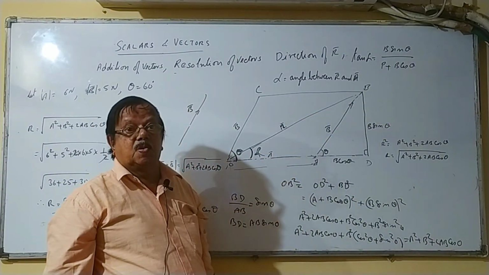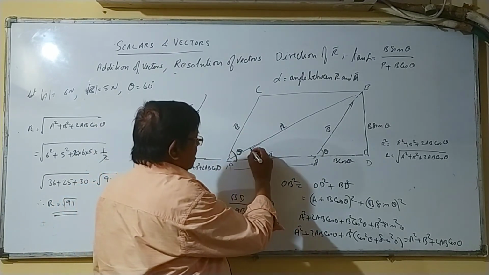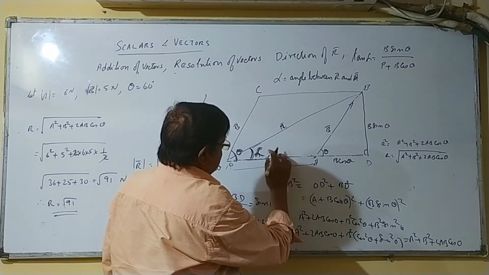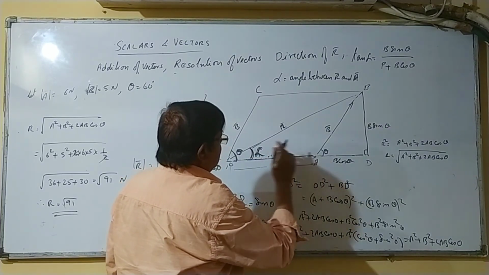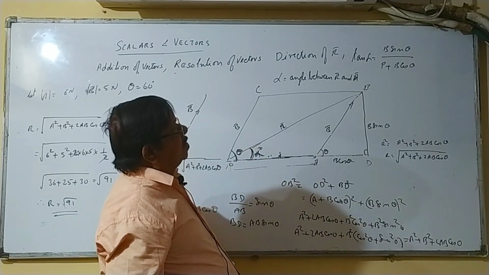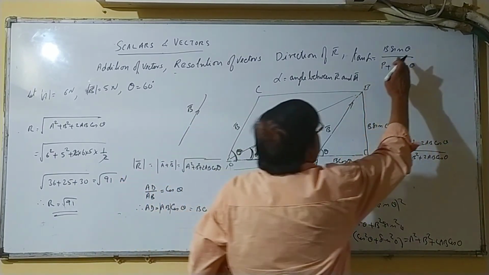Now we want to know the direction of this R. R is making an angle alpha with the vector A. We want to find out alpha. So tan alpha equal to B sin theta upon A plus B cos theta.